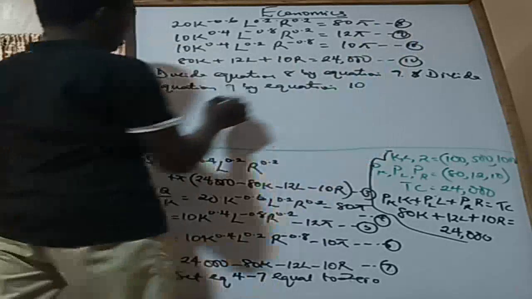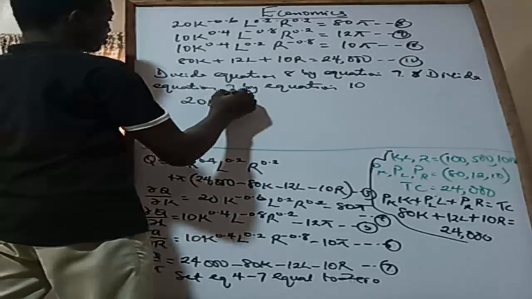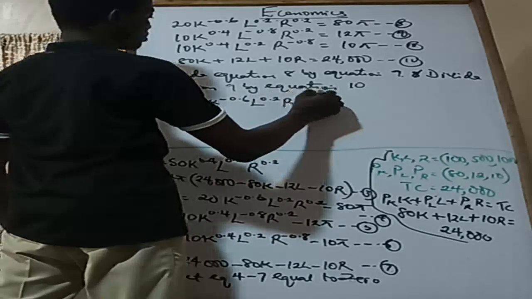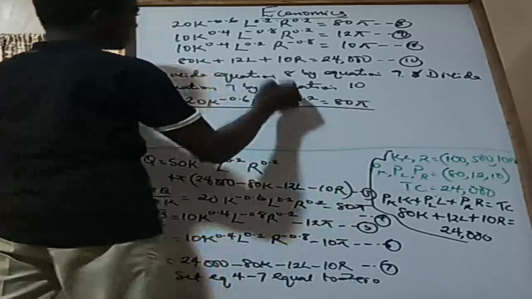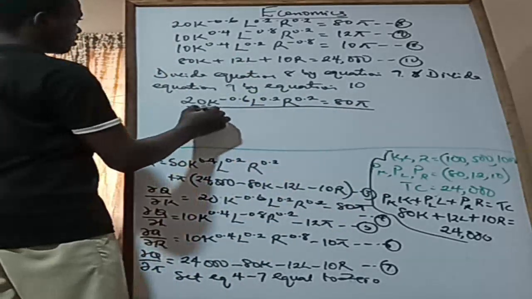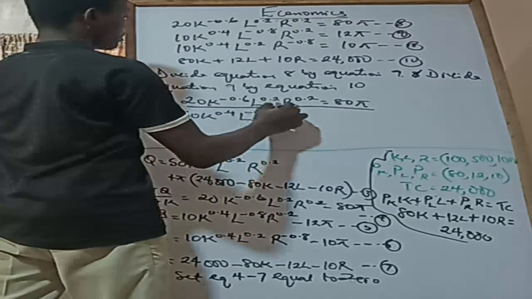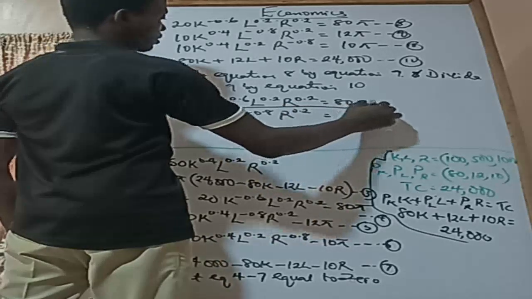Equation 8 by equation 9. So you have 20K^-0.6 L^0.2 R^0.2 equals 80 lambda. This will now be divided by equation 9, 10K^0.4 L^-0.8 R^0.2 equals 12 lambda.